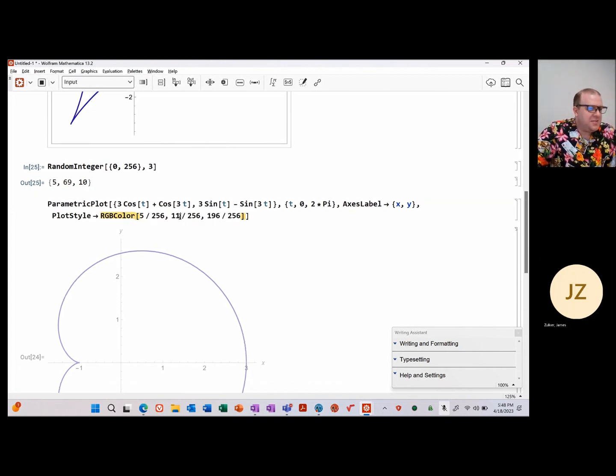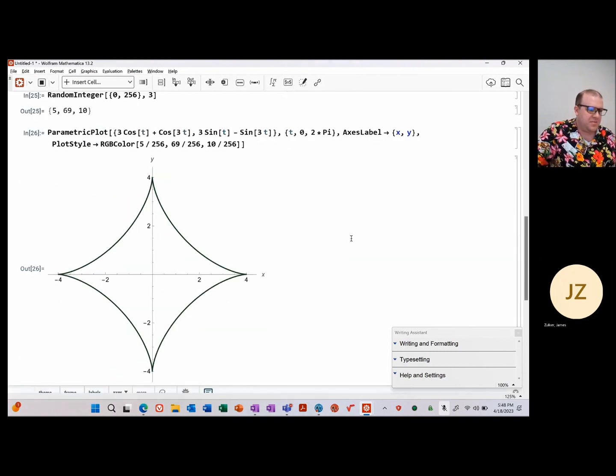By making it 3 instead of 2, we got almost like a diamond.